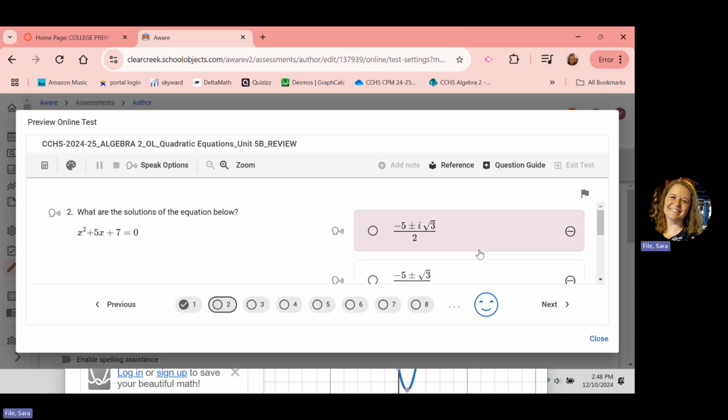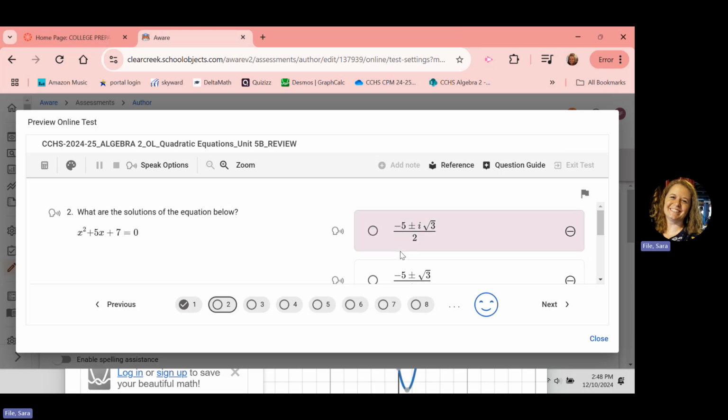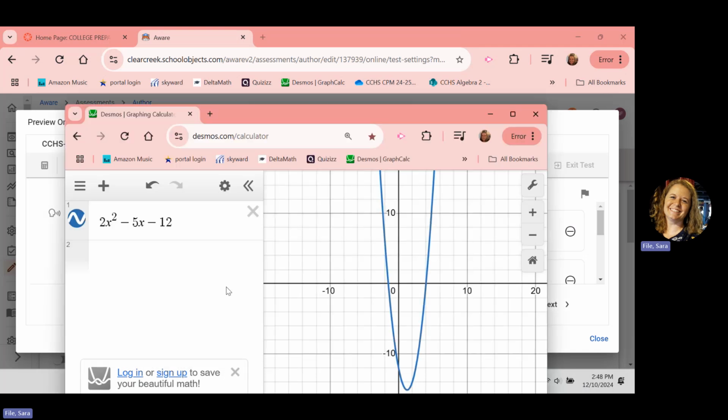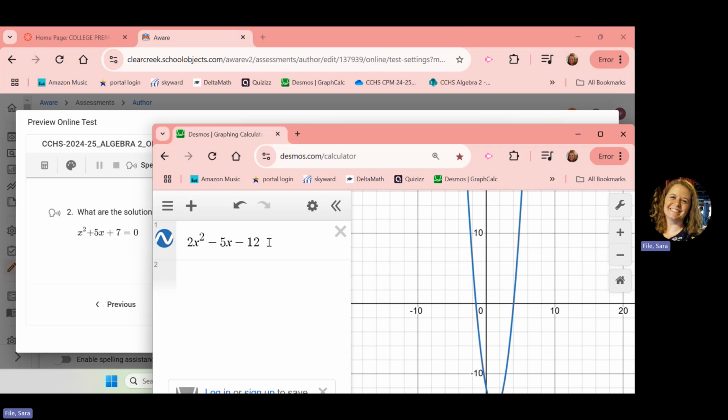On this one, you'll notice that this answer choice has an i. This one does not. This has an i. This one does not. So two of the answer choices here are real numbers. Two of them are complex or imaginary numbers. So the first thing I'm going to do is put this in Desmos and actually see, are my solutions supposed to be real or imaginary?